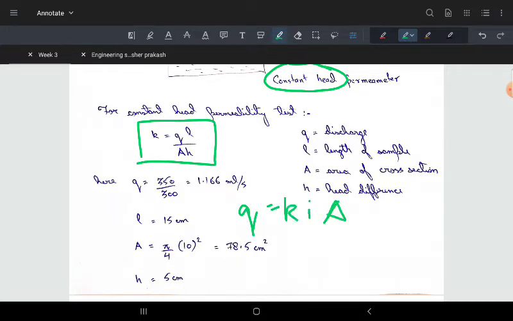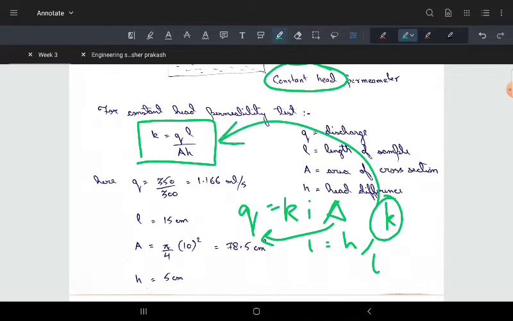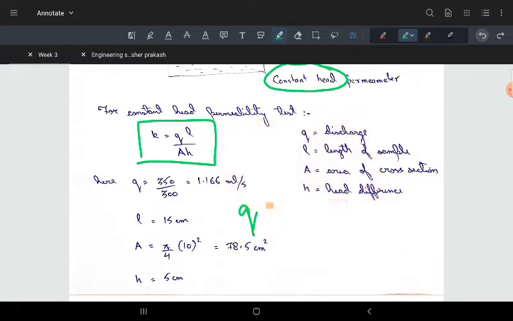We can write I is equal to H by L. Moving this here, we can get K here. That will be K is equal to QL by AH.